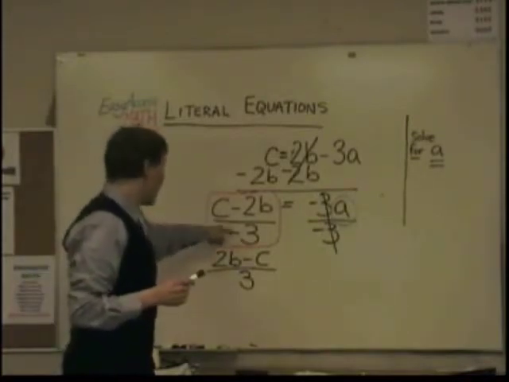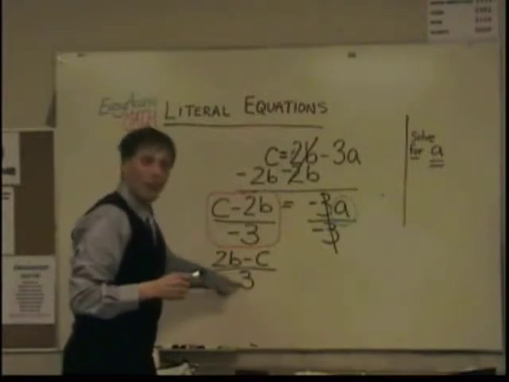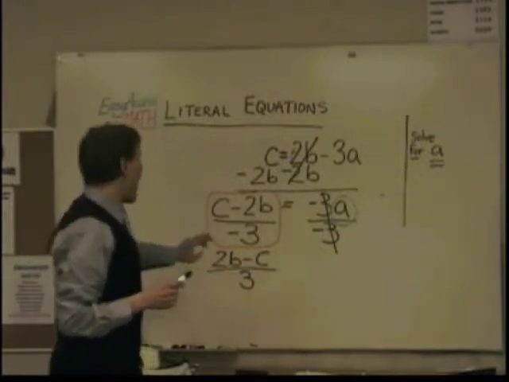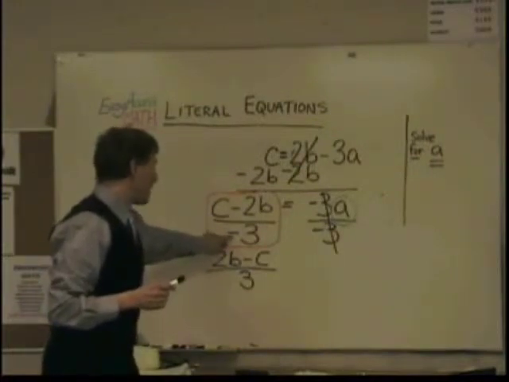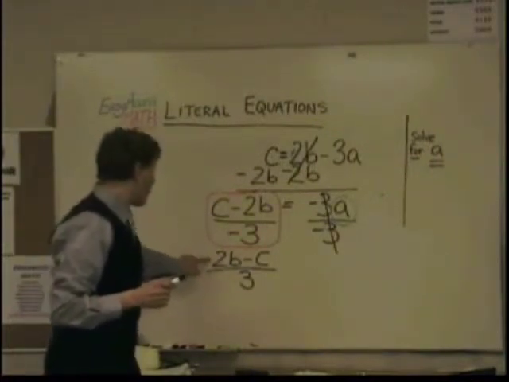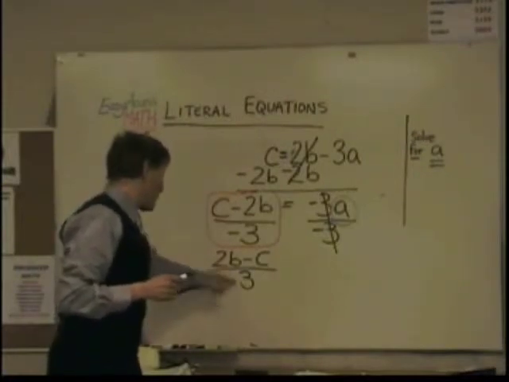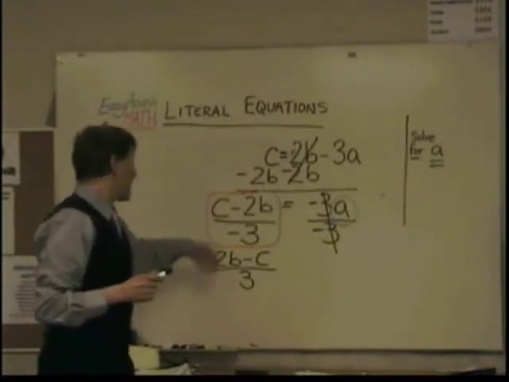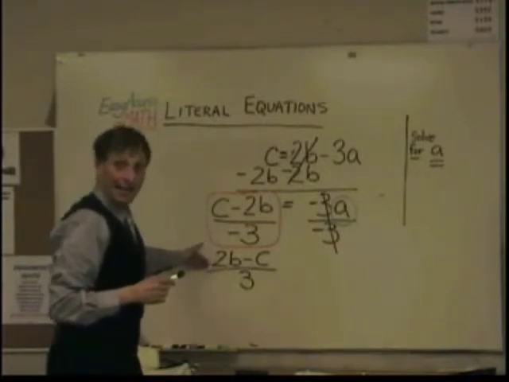So c divided by negative 3 would be negative c over 3. And two negatives, negative 2b and negative 3, equals a positive, so these two turn out to be positive. These are exactly the same thing.